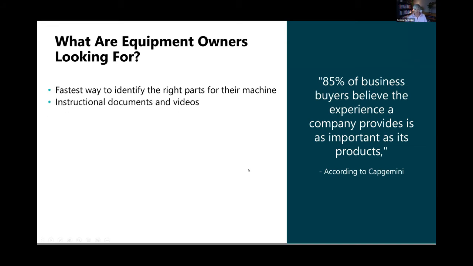They're looking for instructional documents and videos. I often comment that I have a small hobby farm here. It's called 2 Girls and a Farm, and we have several pieces of equipment. And when I want to do an oil change, I still do not find videos on the manufacturer's website showing me how to do an oil change.